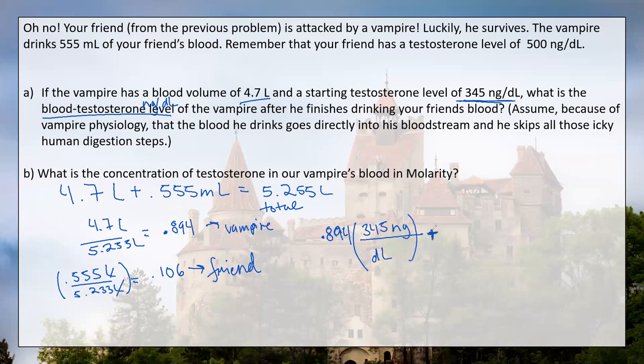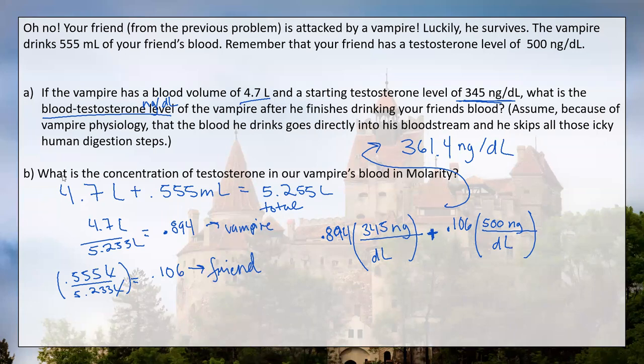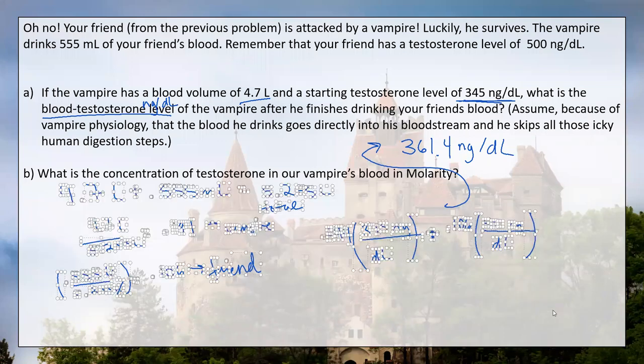Plus, because we're mixing two solutions together, right, 0.106 times 500 nanograms per deciliter. And when I punch all that out, I get 361.4 nanograms per deciliter. So we can see that the concentration of testosterone has raised a little bit, but not a lot, because most of the blood in the vampire originally belongs to the vampire.